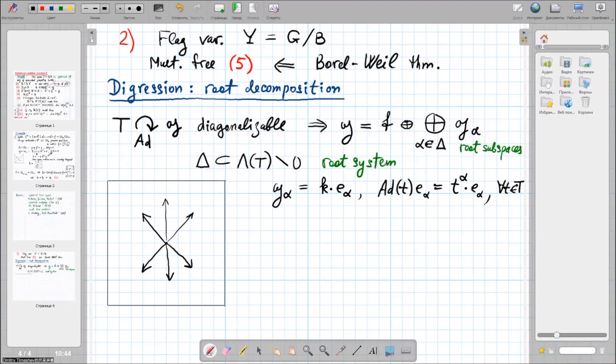And what else can be said about this root decomposition? This root system, the set of roots Delta, is highly symmetric.